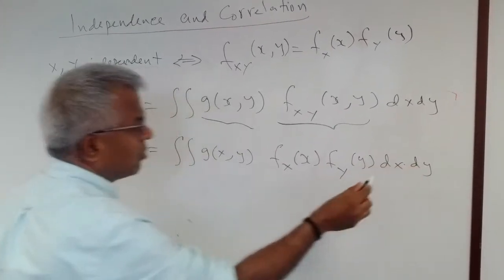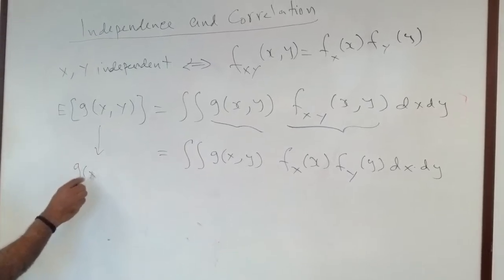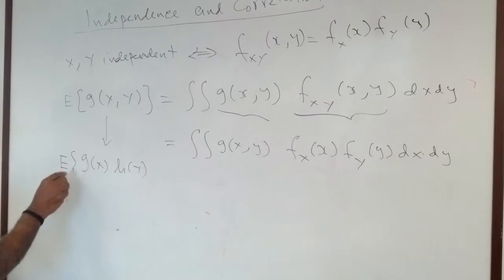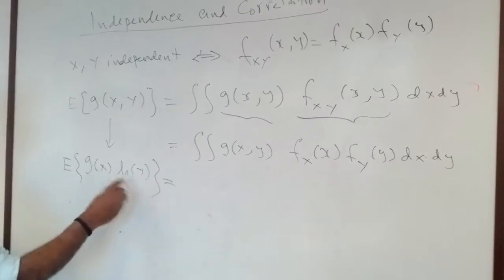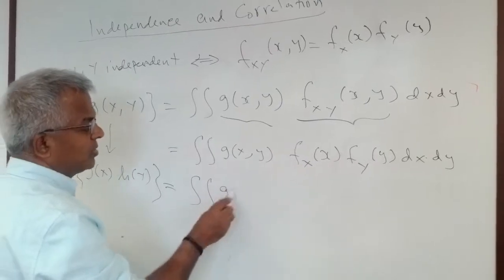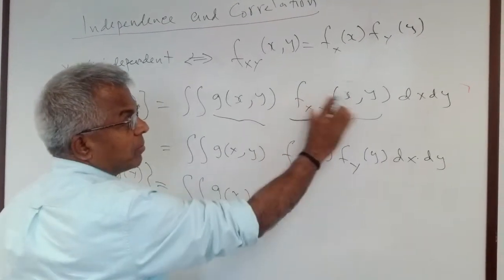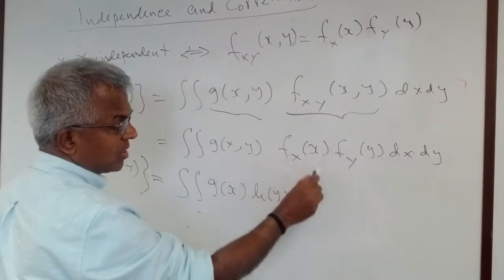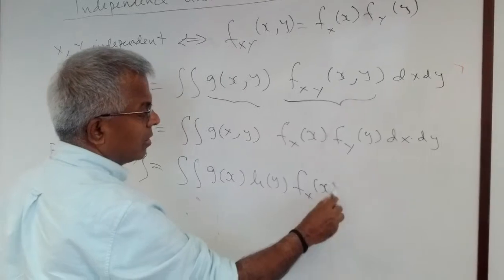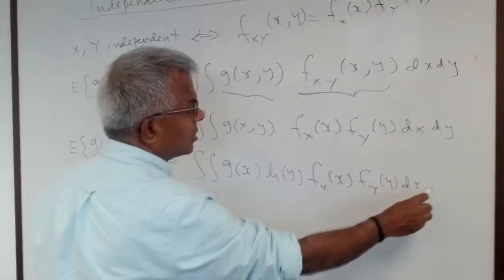Where this is a little more useful is, suppose the function also happens to be the product of two different functions of x and y. So the expected value of g(x)h(y) would in general be g(x) multiplied by h(y) multiplied by the joint density function, but in this case, if x and y are independent, then you can write this as f_X(x) f_Y(y) dx dy.